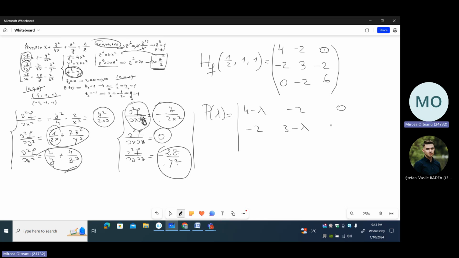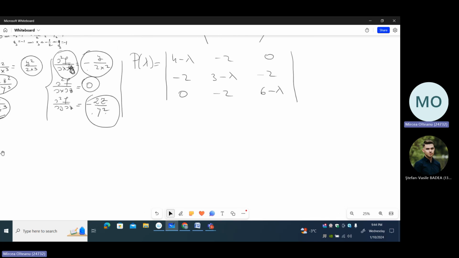Okay, very well. And now let's see the characteristic polynomial. We need to compute this determinant of order 3, but it's not complicated because we have 2 zeros.